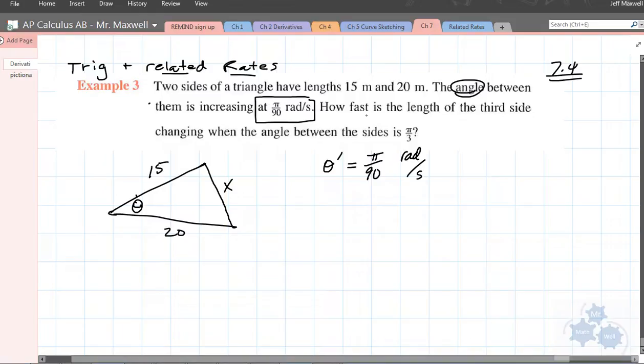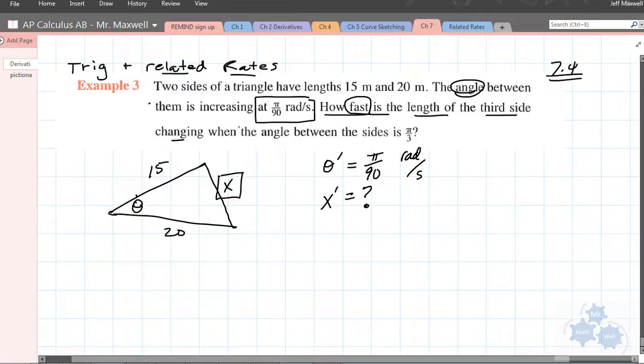The question says, how fast, so here's your indication for a rate, is the length of the third side changing? We said that that is x, so we're looking for x prime. That's what we don't know. So these rates are related.